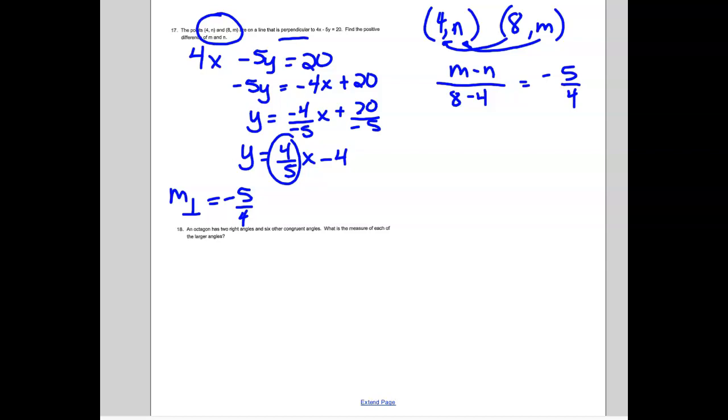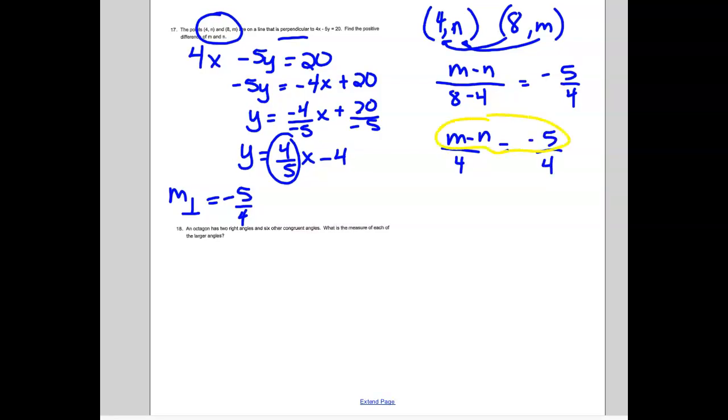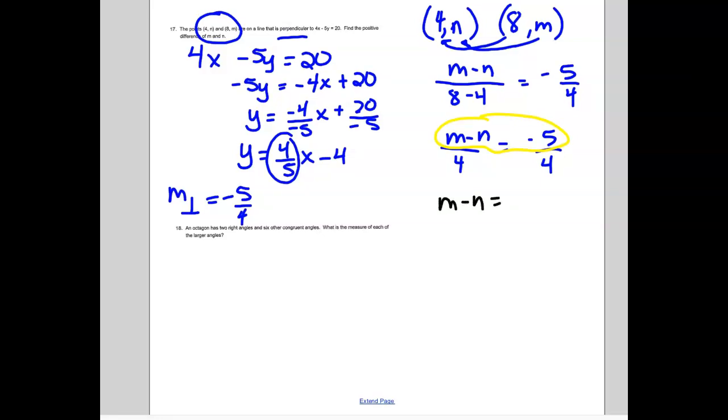Well, the denominator here, 8 minus 4, is 4. So that tells me that m minus n is negative 5. Now they wanted the positive difference, so we're just taking the absolute value of that, or switching these around. So n minus m would be a positive 5. So the positive difference is just 5 spaces.